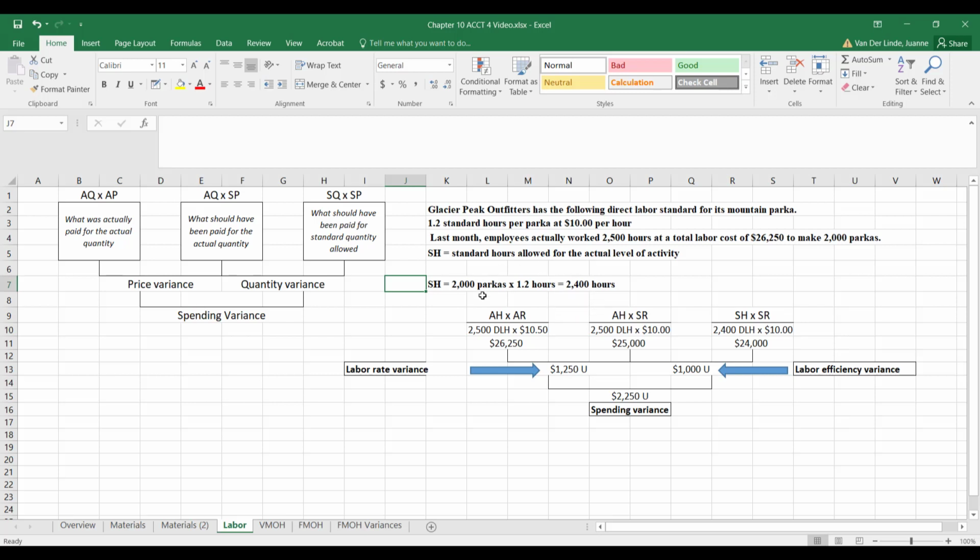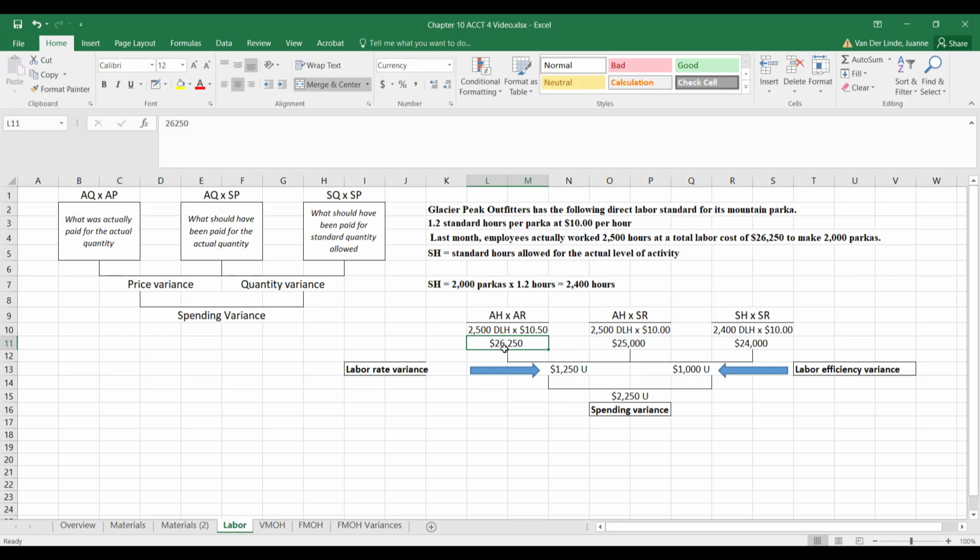So let's first find our labor rate variance, where we compare what we actually paid for each hour versus what we should have paid for each hour. So they first give us the total amount paid here. They told us we spent $26,250 on the 2,500 hours.